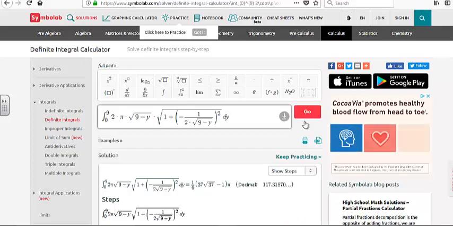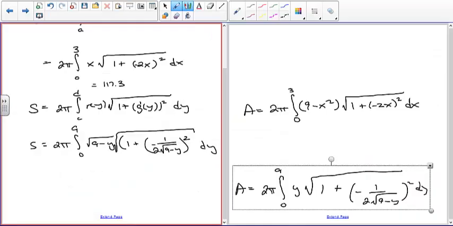There you go, 117.3. So we got the same answer. Again, it's pretty impressive that they look so much different. They have different limits, and you get the exact same answer. So that should make you believe that math actually works.